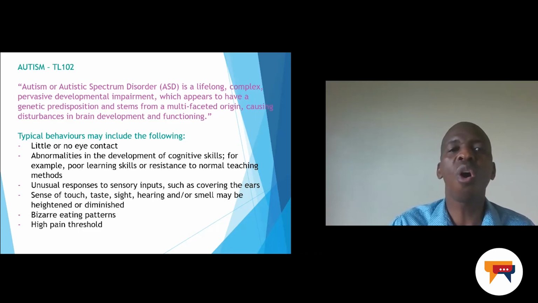Remember, it is not cut and dry to say if a child has little or no contact, then they are autistic. It may not be like that. But we are saying to you, look out for these signs. They may be an indication that you have a child that has autism in your classroom.